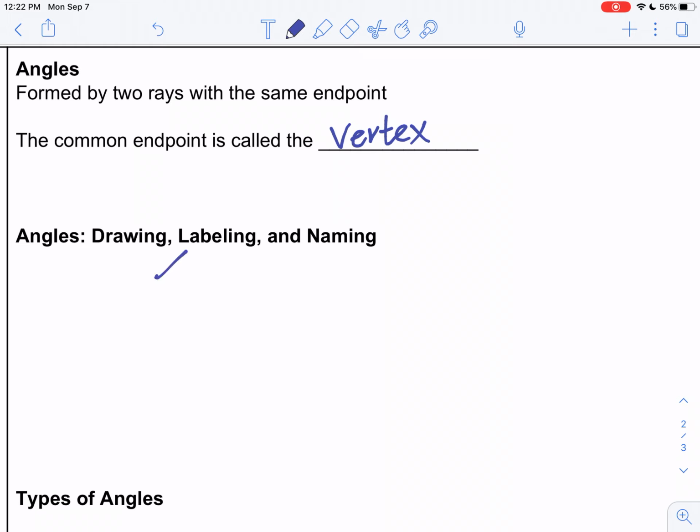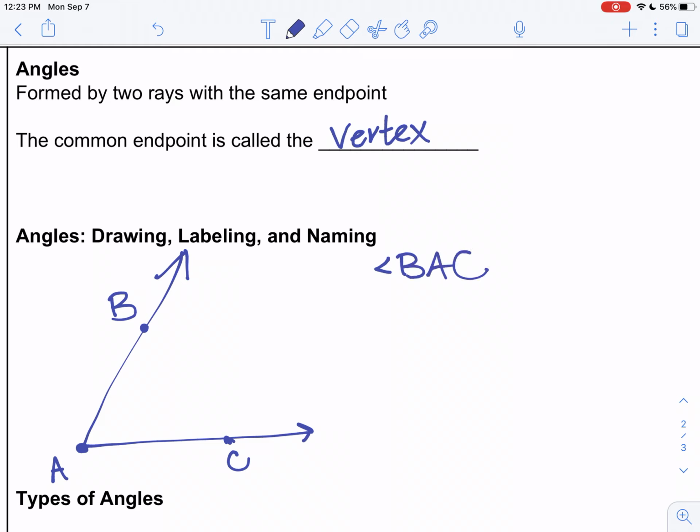So, if I'm going to draw an angle over here, where those 2 rays meet, that's called our vertex, and I've labeled it point A. I can throw some other points on there as well. In this particular instance, I can name this angle BAC. I could name it angle CAB, or just angle A.